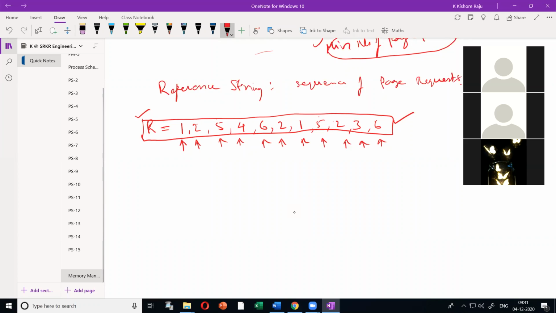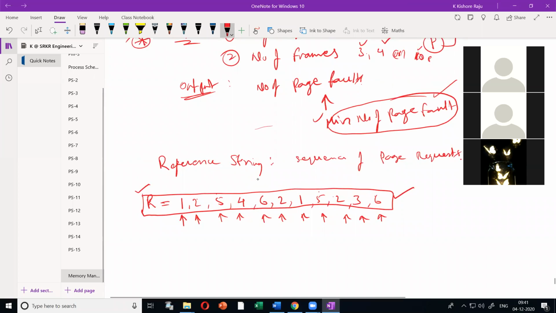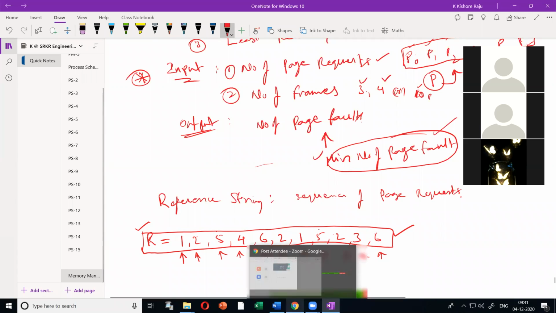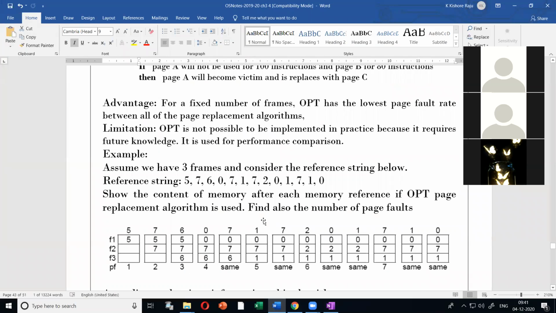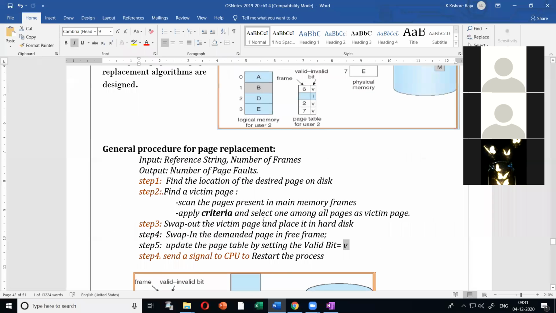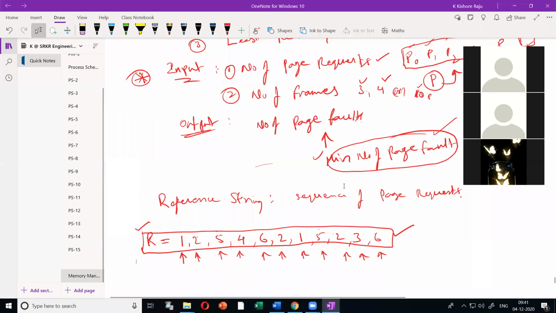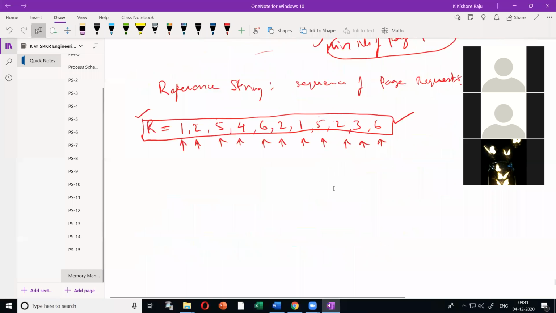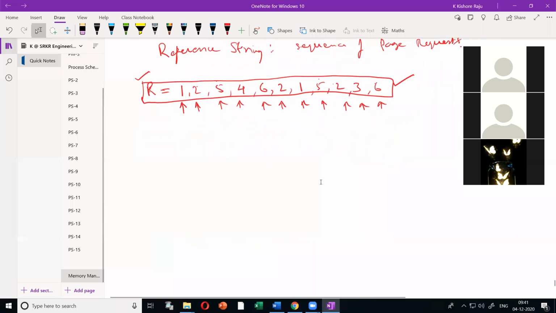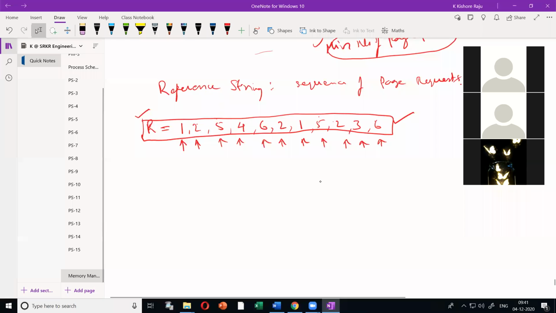So you want me to explain the algorithm again? Okay, definitely. Here in the page replacement algorithm, in the process of that, you may get the clarity. Sandhya, please listen, you will get the clarity. The first input for your algorithm is the reference string.